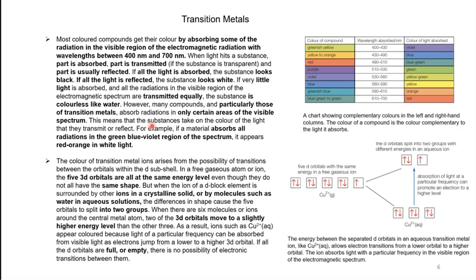This means that the substance takes on the color of the light that it transmits or reflects. Here you see a chart showing complementary colors. If violet light is absorbed, we see it as greenish yellow.